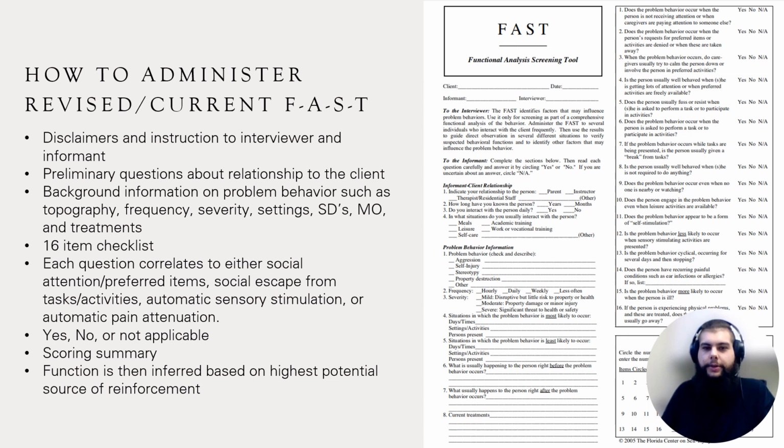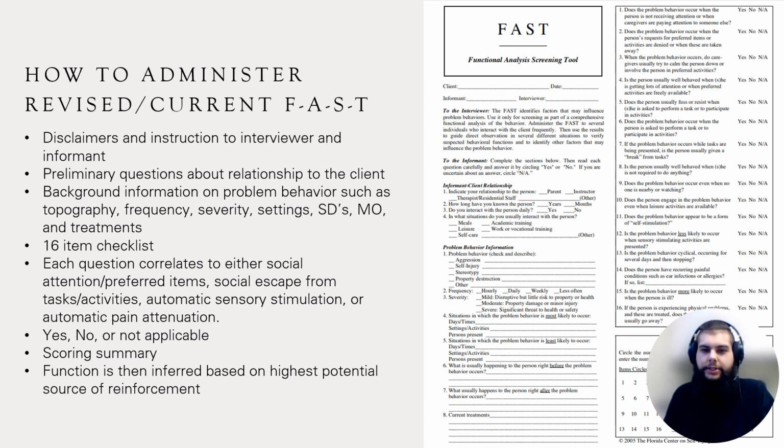Alright, so here is the current FAST. This includes, on the left side, some disclaimers and instructions to the person conducting the interview, as well as the interviewee. Then there are a handful of background questions covering topography of the behavior, frequency, severity, settings, discriminative stimuli, motivating operations, and any current treatments. Then on the right side, we see the 16-item checklist.